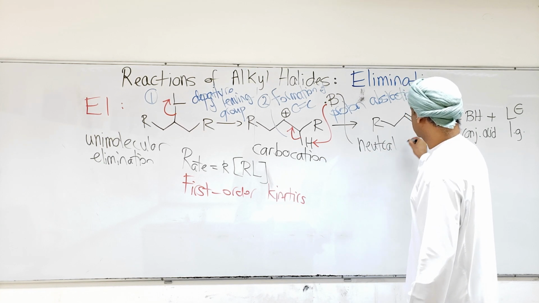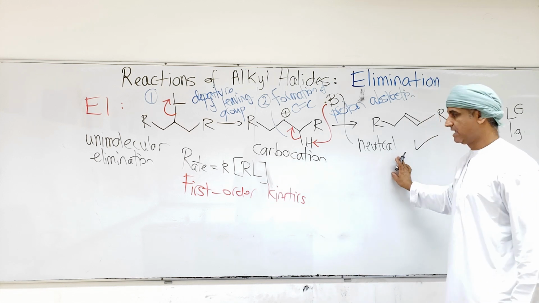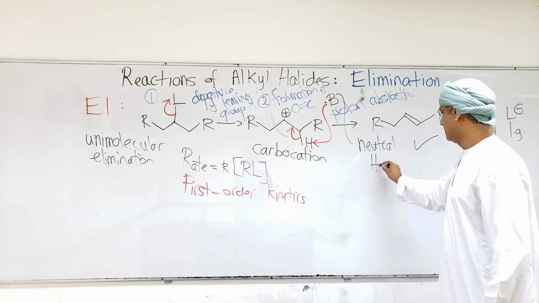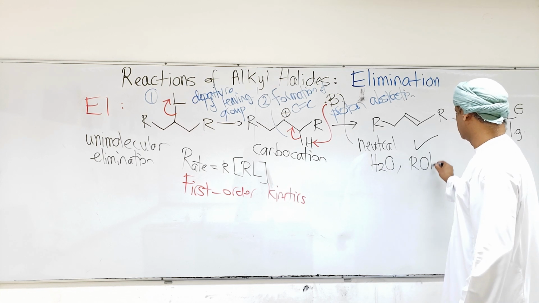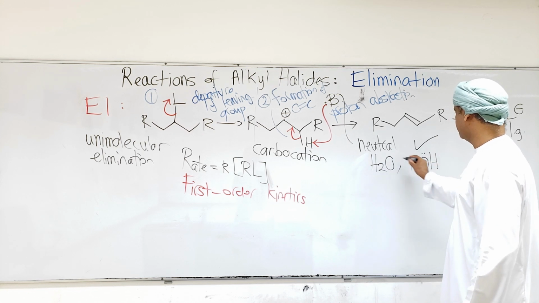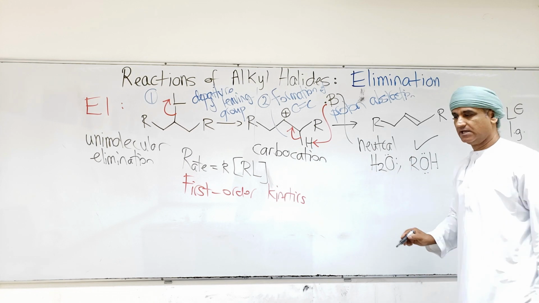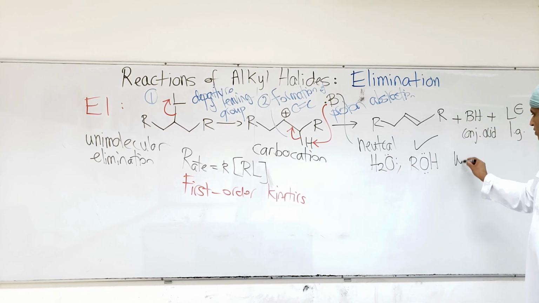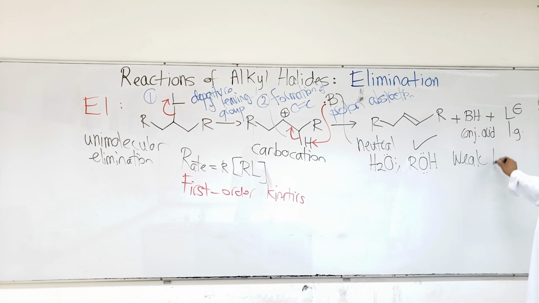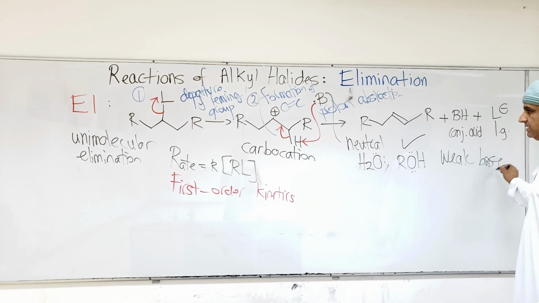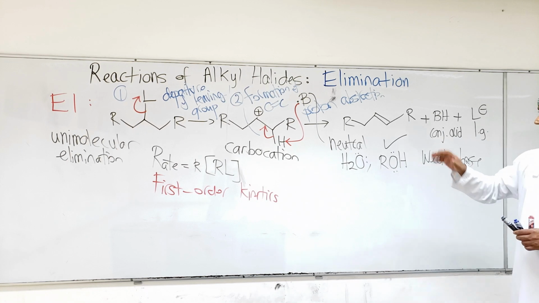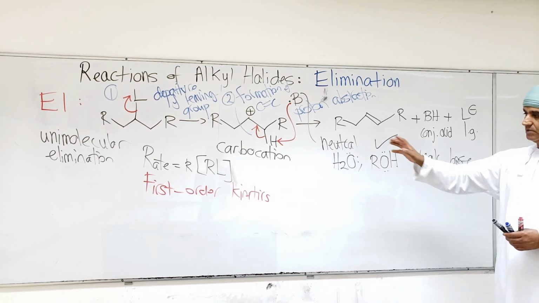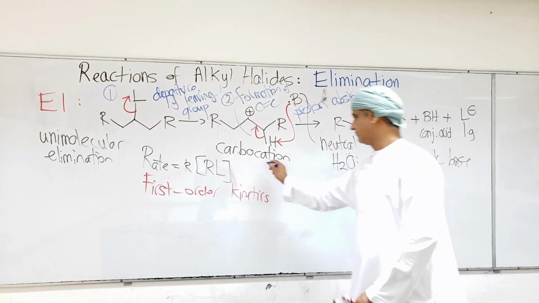So neutral base is okay in this case, and examples of neutral bases are water and alcohol. So basically an organic base with a lone pair. So these are examples of weak bases that could take part in E1 reactions. Okay, so the base doesn't have to be strong because this is already an electrophilic intermediate.